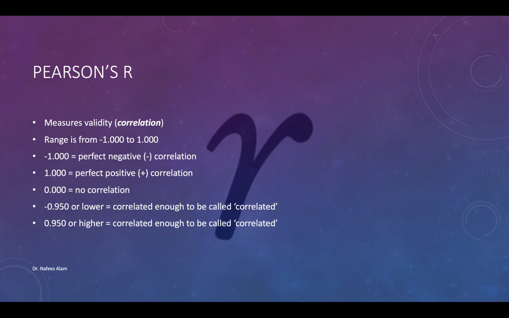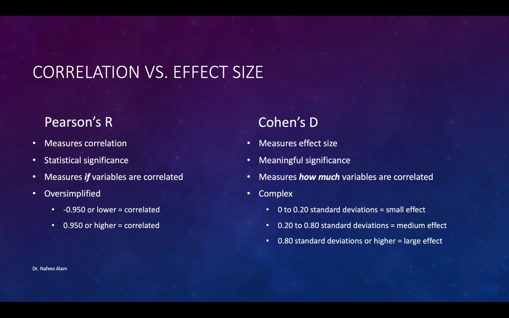There are other tests that test for things beyond just what's called statistical significance, and that is effect size. So once again, just to recap, Pearson's R measures correlation, measures statistical significance, and it measures if variables are correlated, only if they're correlated.